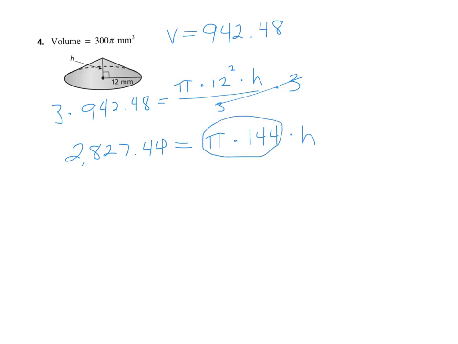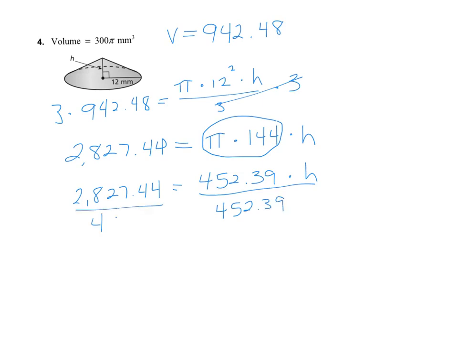I'm going to multiply these together. 2,827.44 is equal to 144 times pi. That gives me 452.39 times h. And then to get h by itself, we would divide by 452.39. We'll do that on both sides.